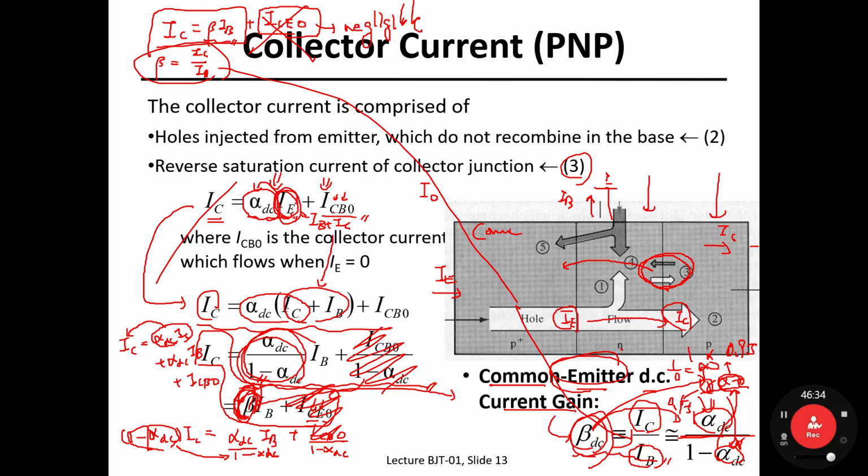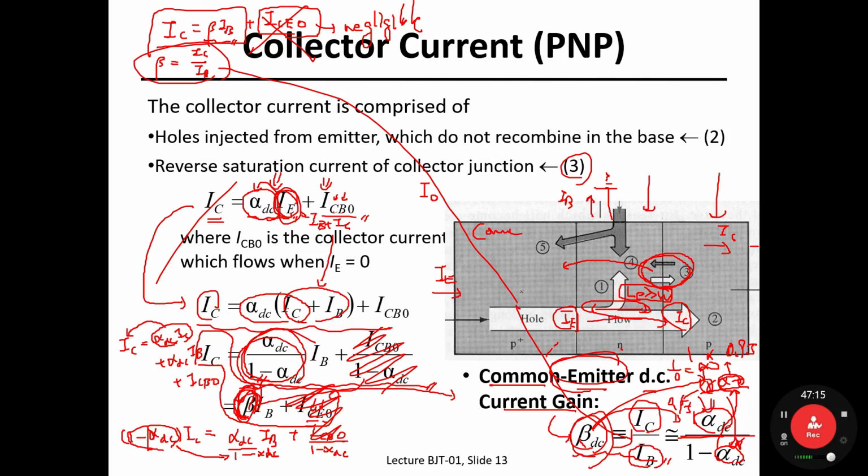The base current is super small, but the collector current is super high. To achieve it, the emitter efficiency gamma and the base transfer factor alpha sub T should be well maximized. For that purpose, how do we design the BJT device? Simple guideline number one: the emitter side should be very heavily doped. And number two is what? Yes, the diffusion length of holes in the base region, LP, should be much, much longer than the quasi-neutral base width.